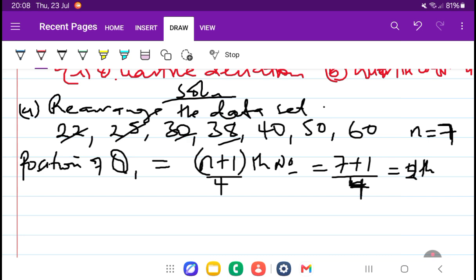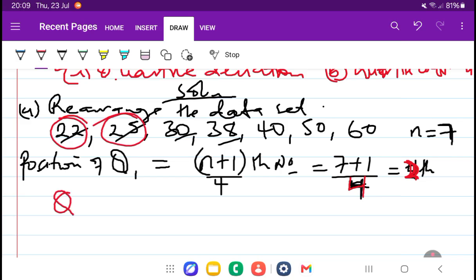It gives you 2. This is a 2 because here we are dividing by 4 and we count 2 positions, 1, 2. So the Q1 is actually 25.